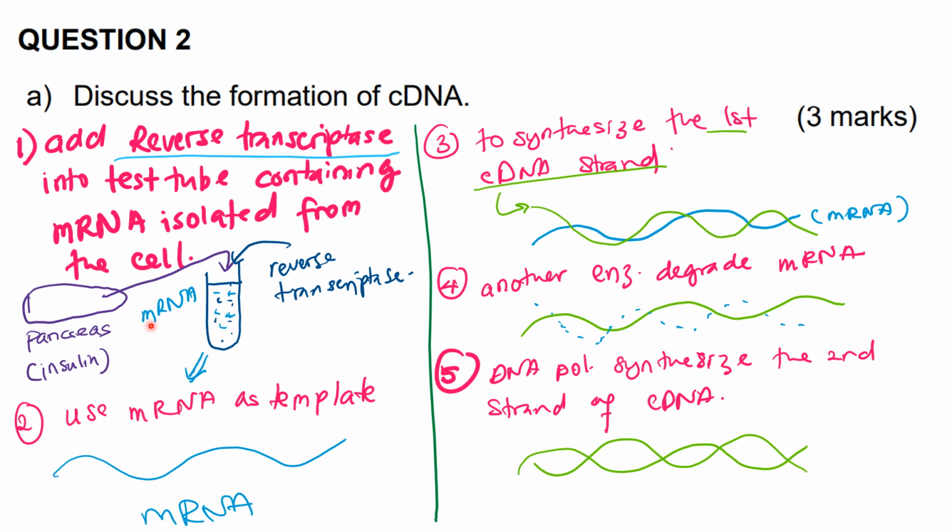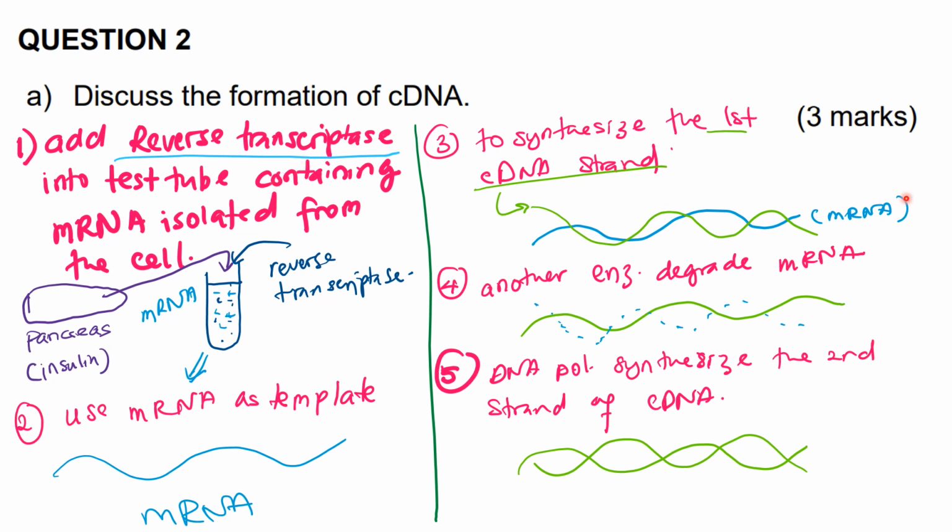So therefore, by isolating mRNA from the cells that produce the protein, you add the mRNA into a test tube, and then in the same test tube you add the enzyme reverse transcriptase.